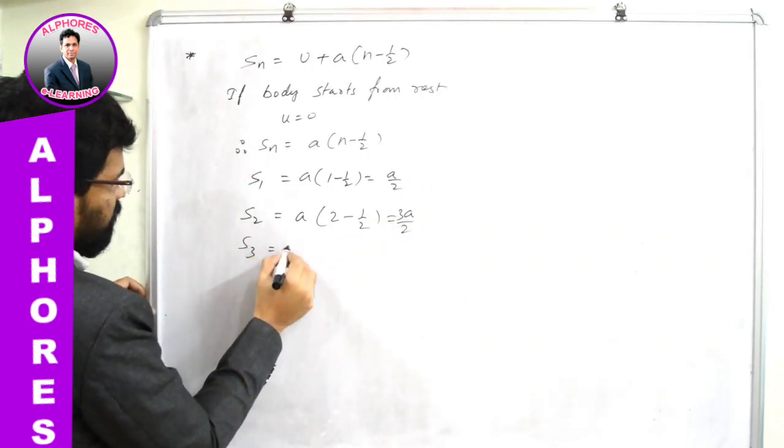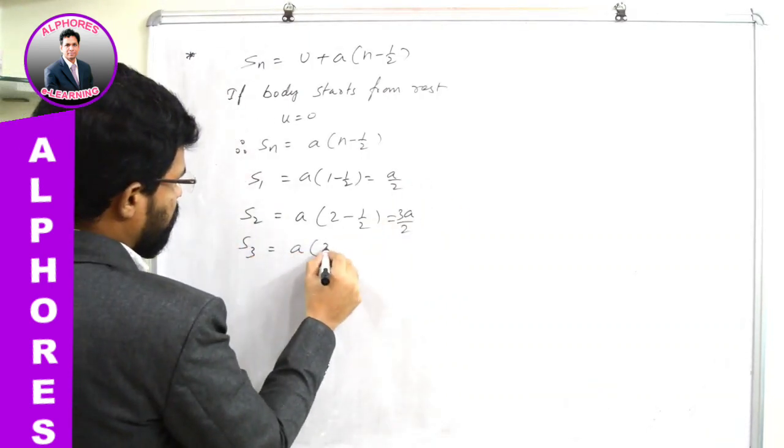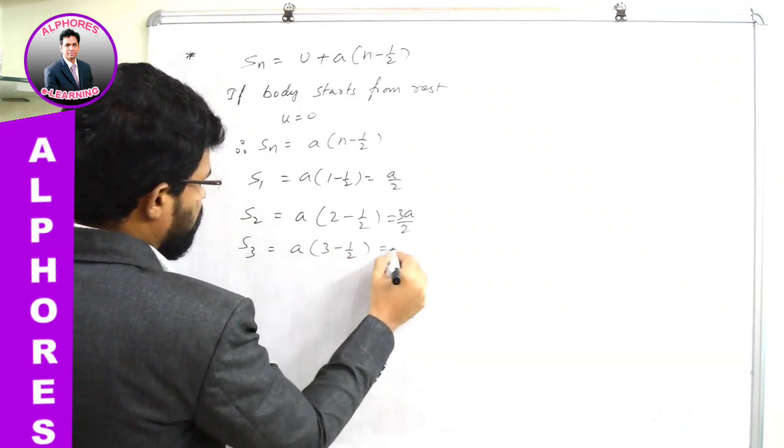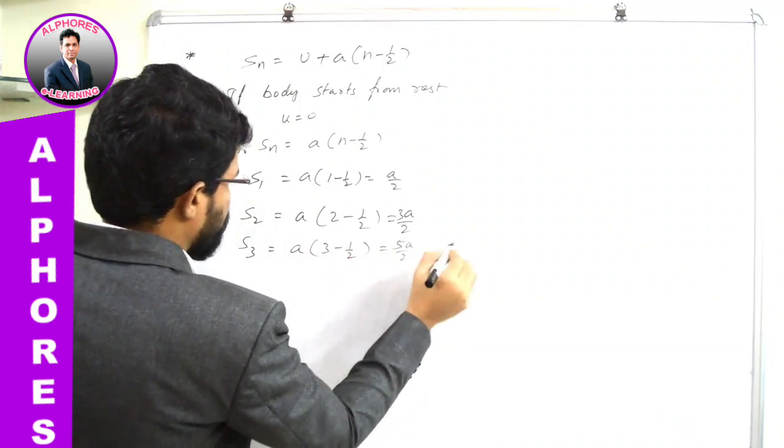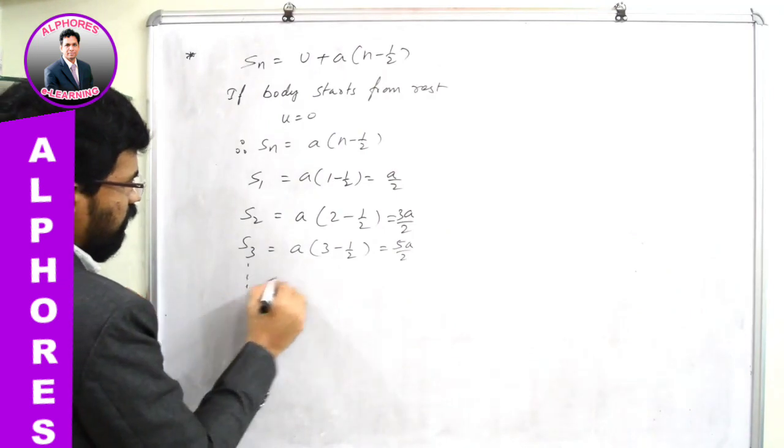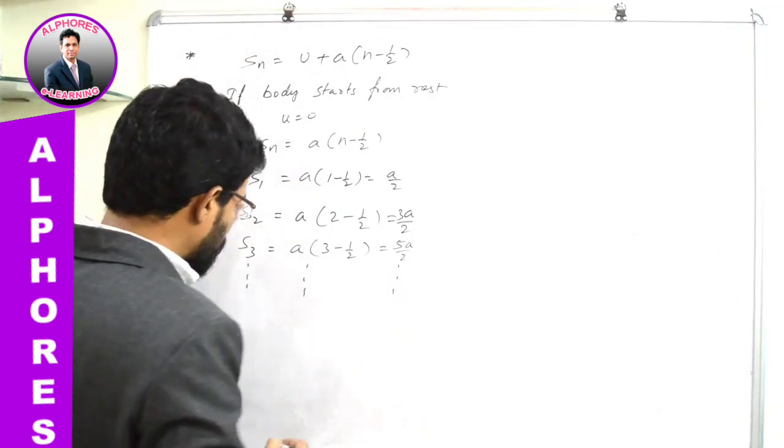Similarly, S3, distance traveled in the third second, is a into 3 minus 1 by 2. What you will get? 5a by 2, isn't it? And so on. Like that, you can keep on writing several equations.